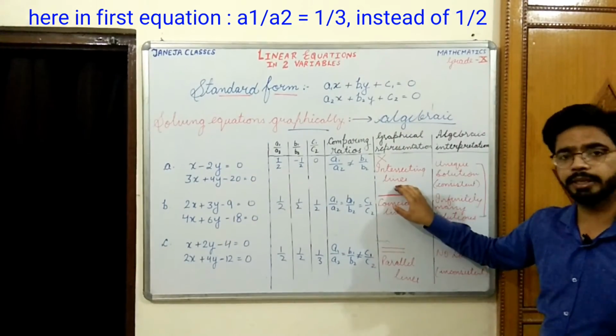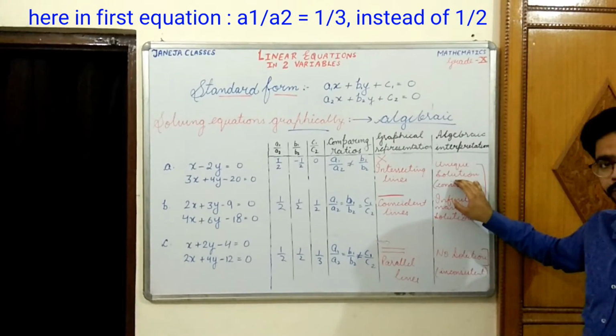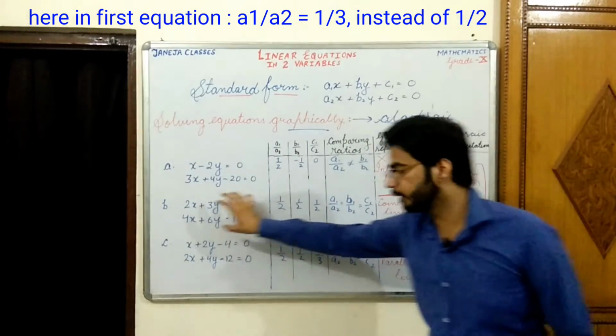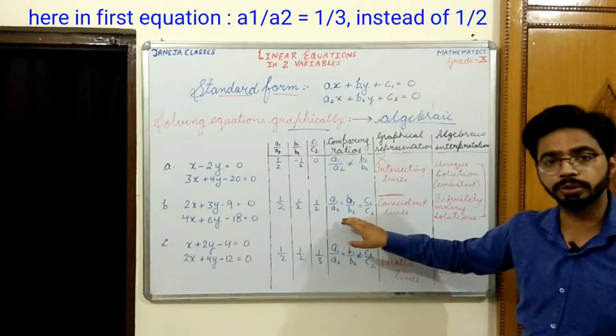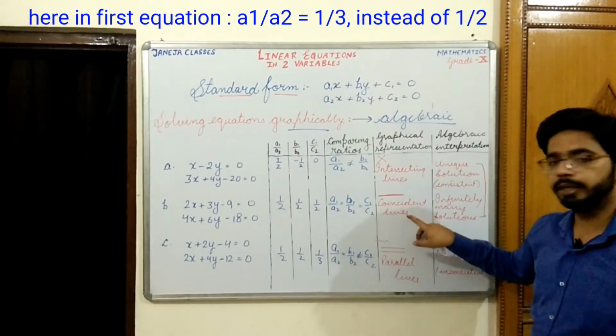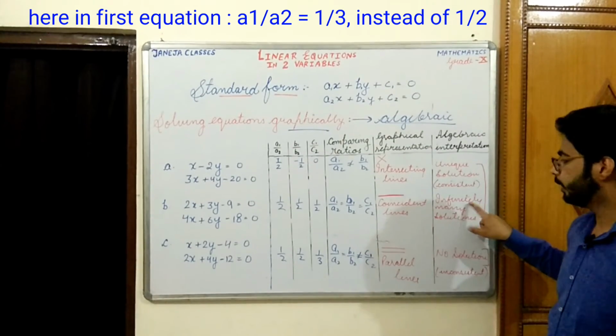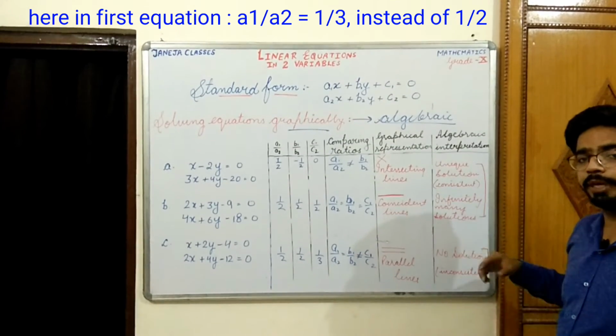So this table is very important. In the first case, it was intersecting lines and we call it a unique solution, and it is also known as a consistent pair of linear equations. Then in the second, where all 3 of the ratios were equal, here it is coincident lines, graphically, and we call it infinitely many solutions. We can get many solutions out of it.